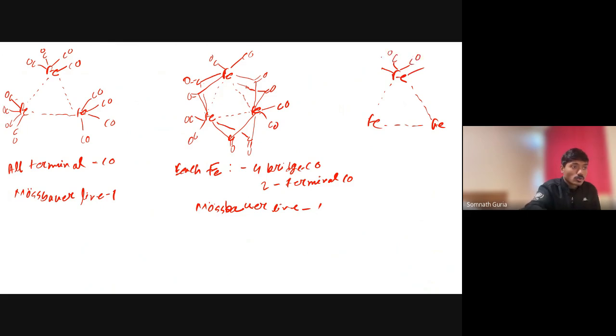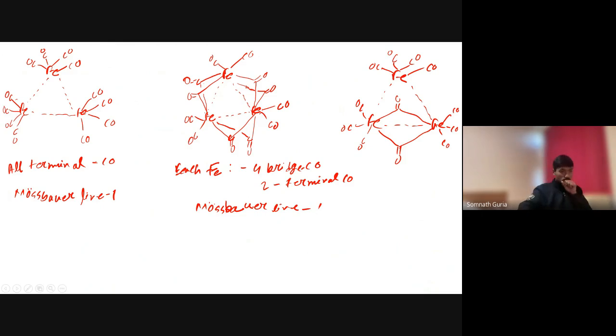CO, CO, CO, CO. Okay. And then we'll have this iron and these 2 iron bridged with 2 CO. Okay, this is another possible structure.